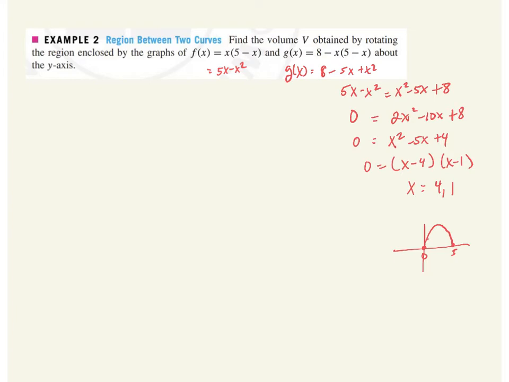I know that I intersect at 1 and at 4. Then my other function, g, does open upwards. I don't really care where the vertex ends up being, but I do know that it's going to be below f of some kind. I'm not sure exactly where the vertex is, but it really doesn't matter. I needed to confirm that f is above g in this interval.